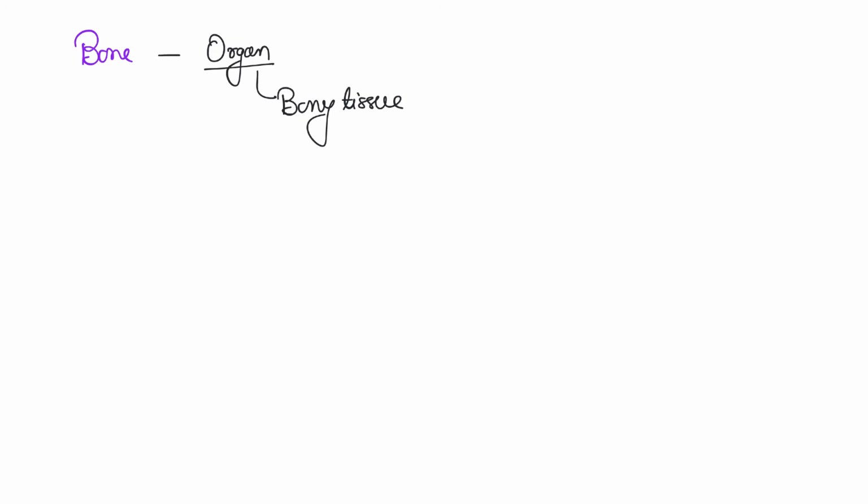When you pick a piece of bone, that is an organ, because it has more tissues: it has blood vessels, it has connective tissues, it has nerves. But a major component of the bone piece that you're holding would be the bony tissue, right? Now, you can also call it osseous connective tissue, right?